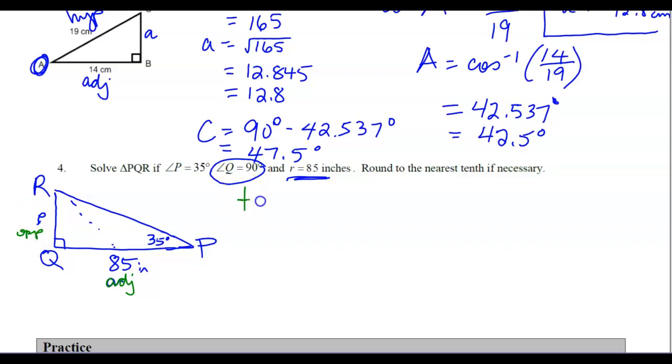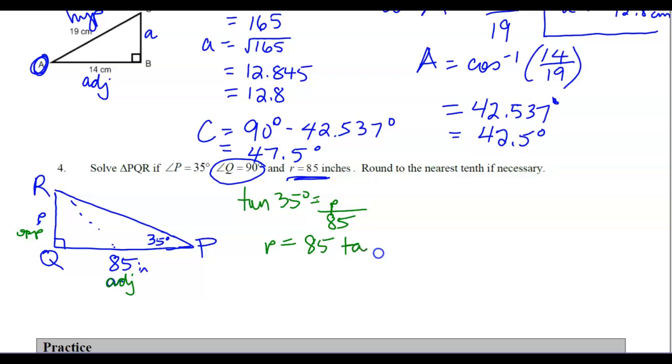So tan of 35 is lowercase p over 85. Okay, so when I solve for p, guys, stop please, that would be 85 tan of 35 degrees.